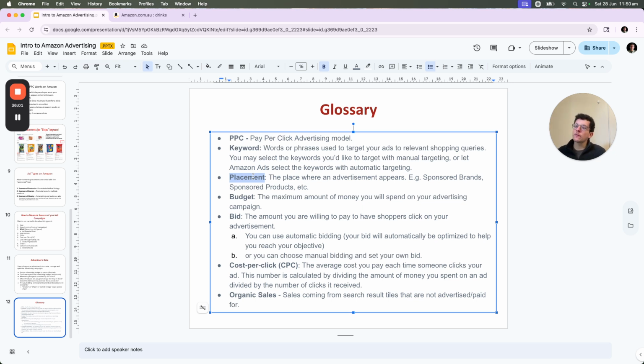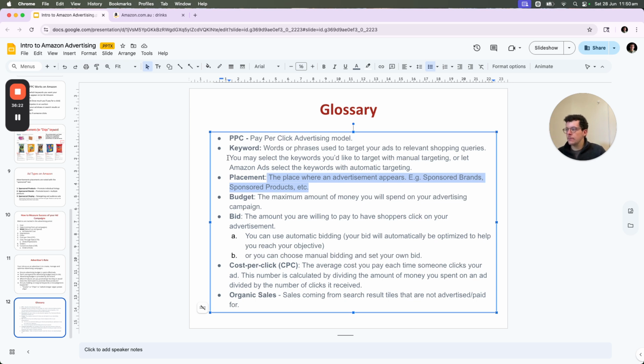Versus if you want the products to appear as sponsored products, then you would set up a separate ad campaign for those products. So they're just different placements. Each of them has different functions, different ways of setting it up, different costs and metrics.